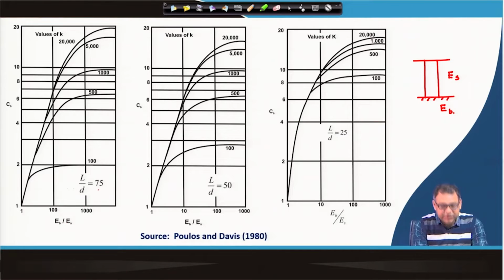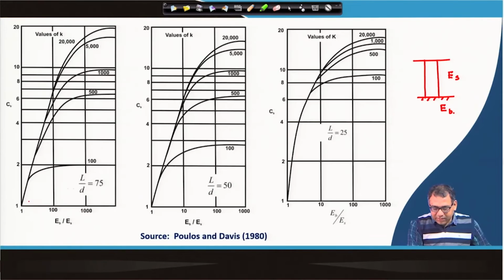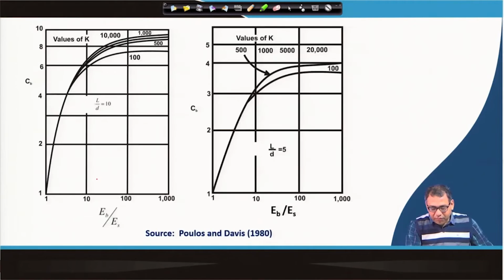This is L by D ratio 75, 50, 25. Then this is 10, this is 5, and this is different k value. K value I have already discussed. Then if I know the E b by E s and the L by D ratio and the k value, then I will get the correction factor. Okay. So, this way I will get the correction factor for different L by D ratio, that is the L by D ratio 75 to 5.